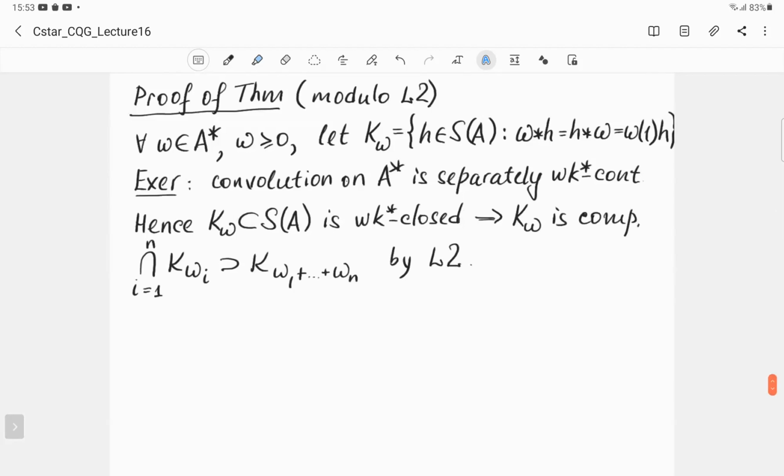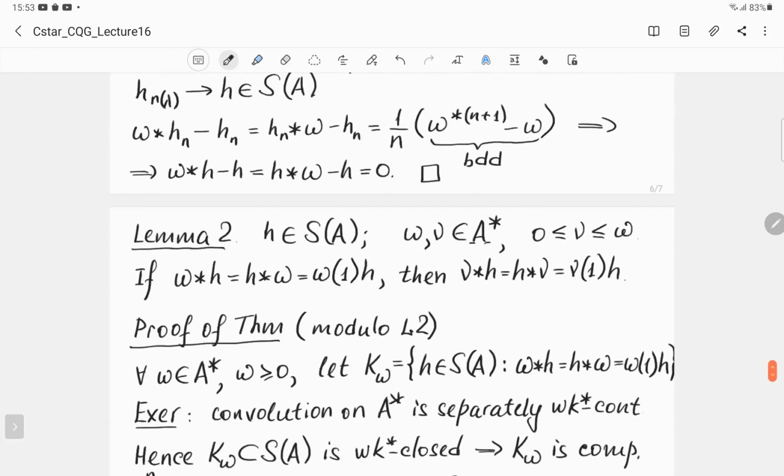Okay, let's now apply lemma 1. So lemma 1 says each set k omega is non-empty. So let's look once again at lemma 1.